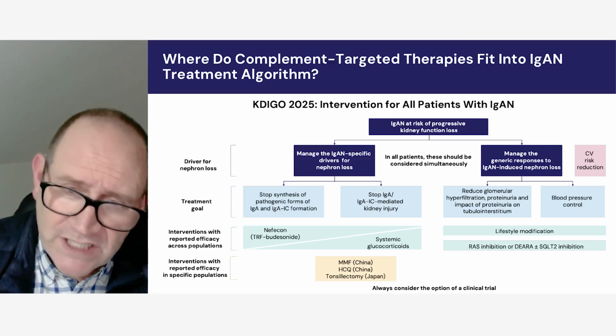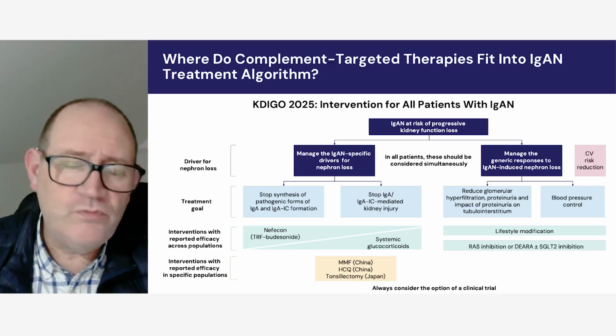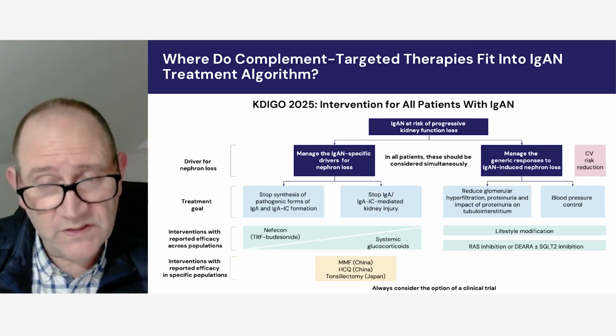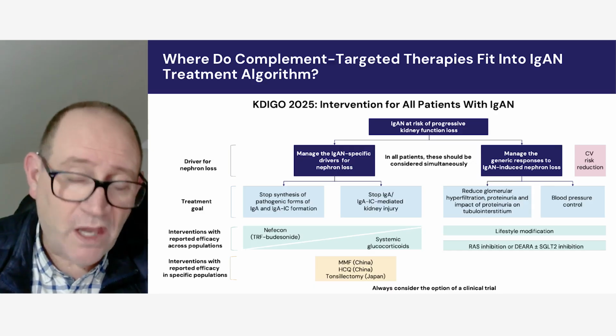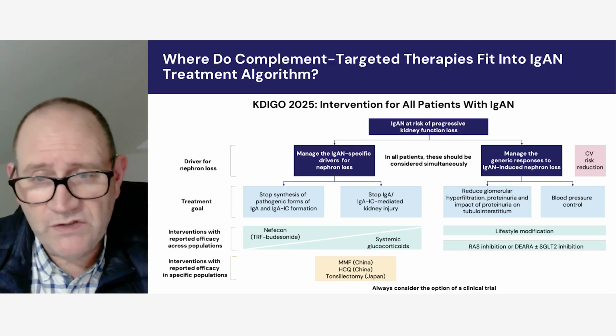And of course, what we are saying in the KDIGO guideline is you must think about addressing both of these if we are to prevent kidney failure in the lifetime of most of the patients with IgA nephropathy that we look after.